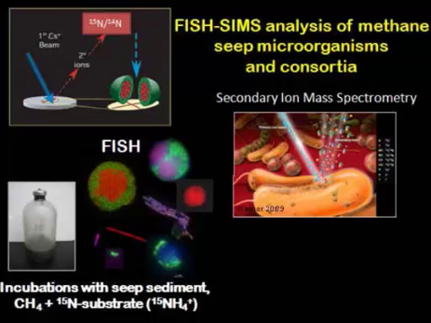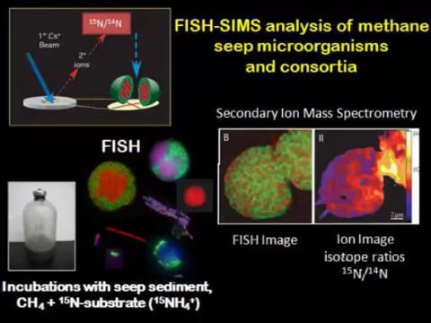Okay. All right, so we had this question of whether single cells versus cells in association were active under conditions supporting methane oxidation. And so we set up, again, these incubations using 15N labeled ammonium as a proxy for new protein synthesis in the cells, and analyzed a number of these different organisms here.